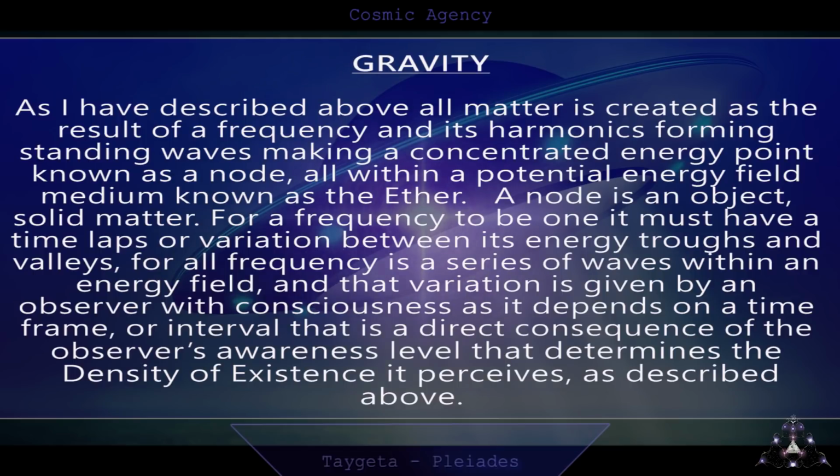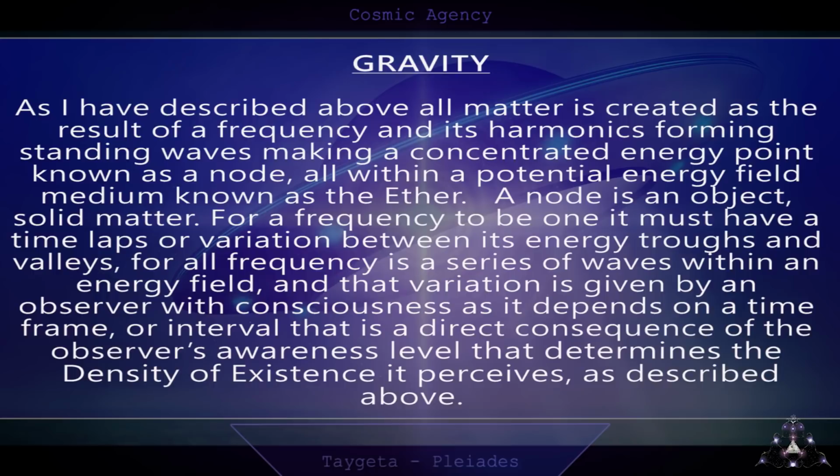Gravity. As I have described above, all matter is created as the result of a frequency and its harmonics, forming standing waves, making a concentrated energy point known as a node, all within a potential energy field medium known as the ether. A node is an object, solid matter.